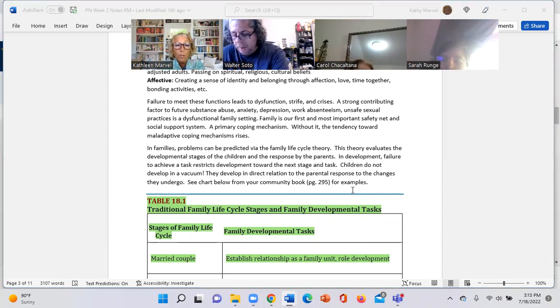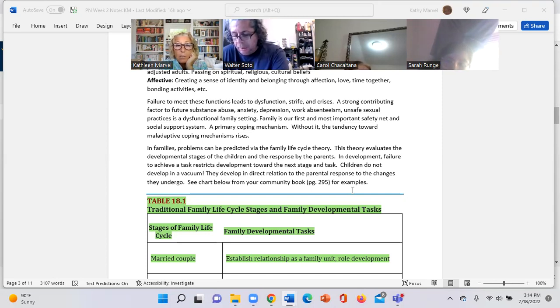A strong contributing factor to future substance abuse, anxiety, depression, work absenteeism, and unsafe sexual practices is a dysfunctional family setting. Why is that? Because all these are risk factors, right?